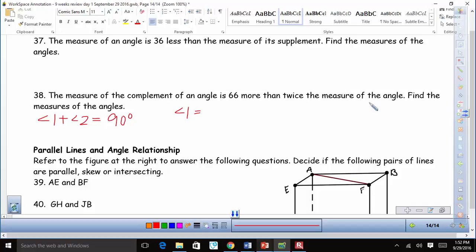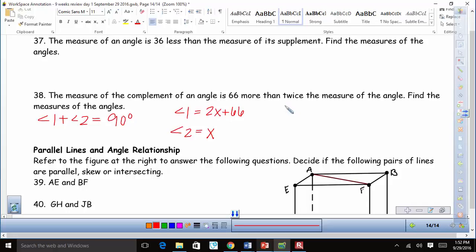Do we know the other angle? No. So since we don't know angle measure 2, what can we let it be? X. And then if this is 66 more than twice x, how would you write that? 2x plus 66.